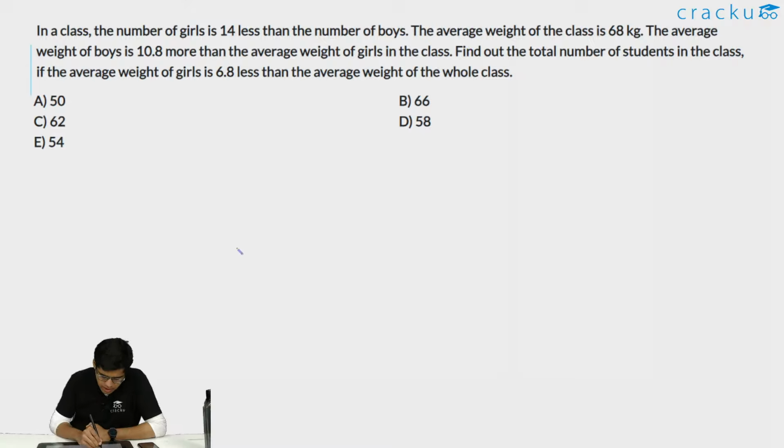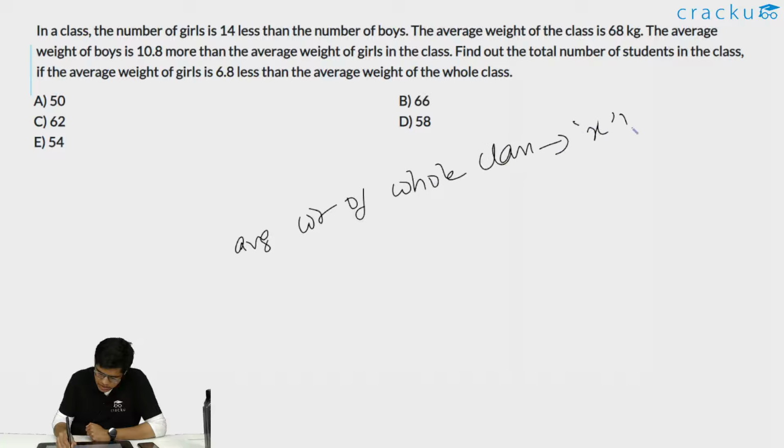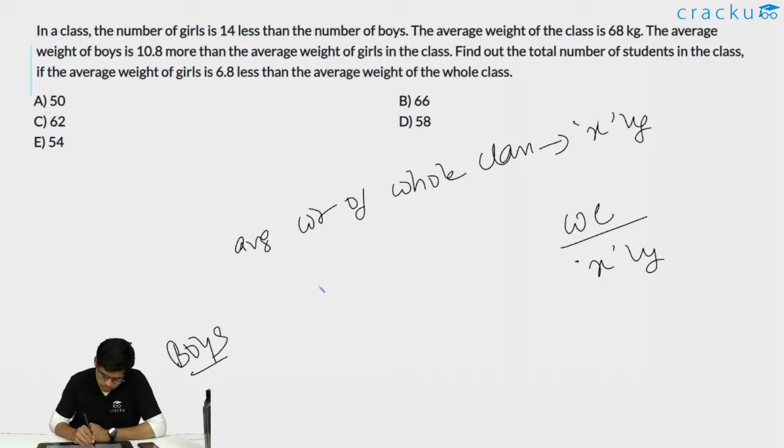Okay. Let's take average weight of whole class. Let's say this be x kg. Okay. If average weight of whole class is x kg, we are having boys and we are having girls.